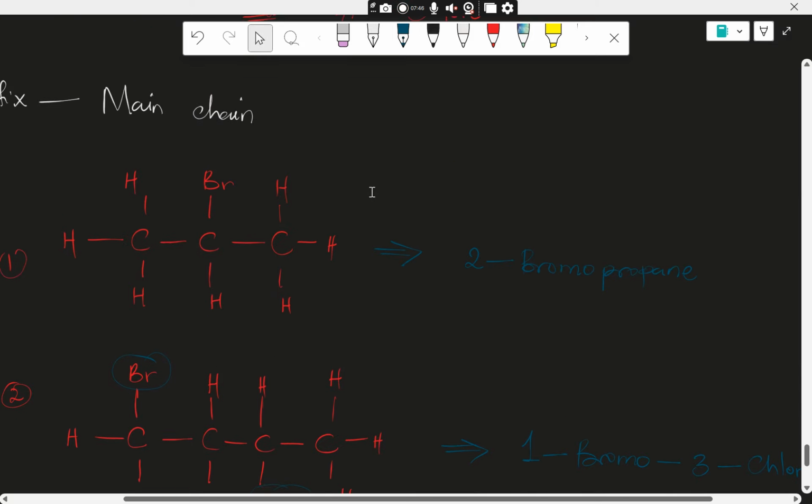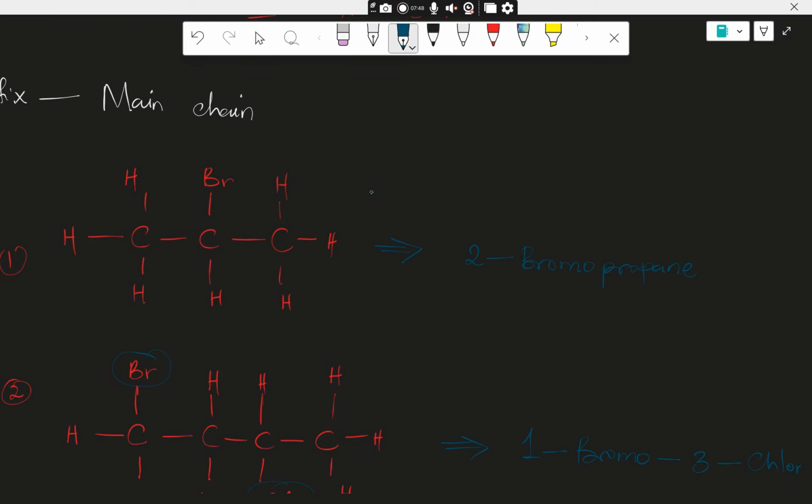Okay, so the first one, let's say you have three carbons, and we only have one halogen. So this will be H, three, and then 6, 7. So you have 7 hydrogens, and then your Br at the end. The formula says 2n plus 1.